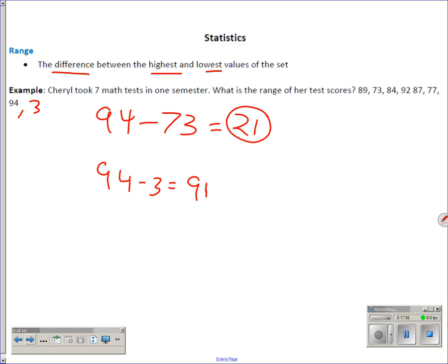Does that give me a good representation of her range? No, her range is more around 21. That outlier really screwed us up. So range is great if there's no outliers, but if there are outliers or a lot more data points or a bigger range of data, the best way to describe spread would then be something called the interquartile range. So let's build up to that, and we'll end with that today.